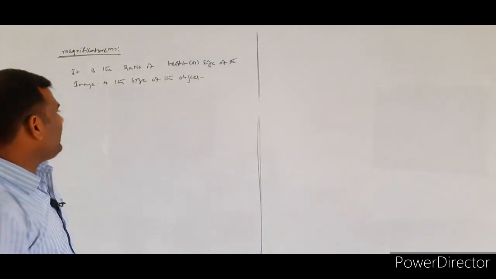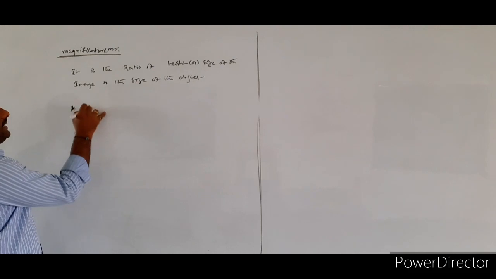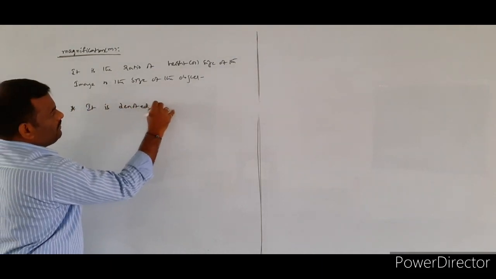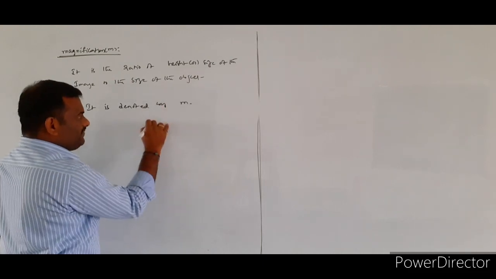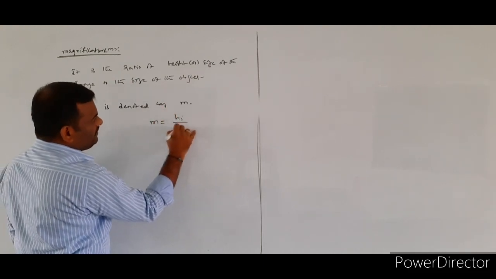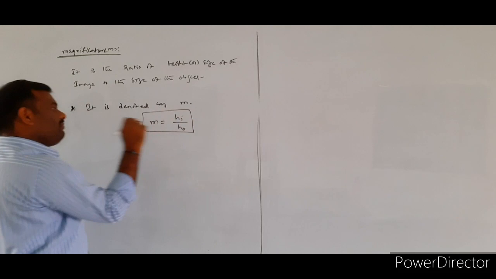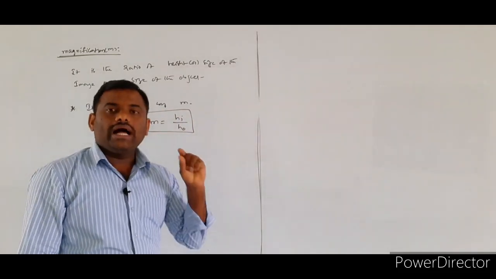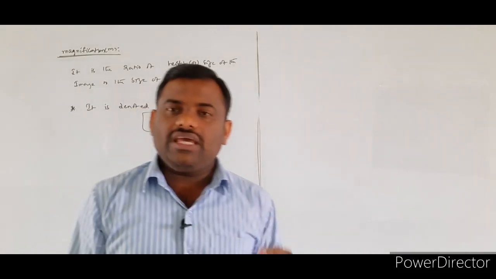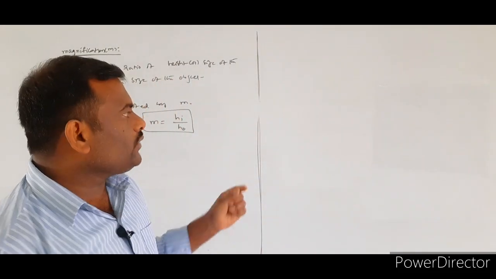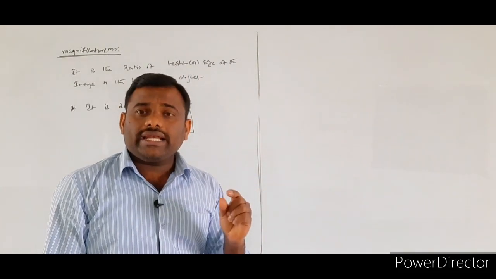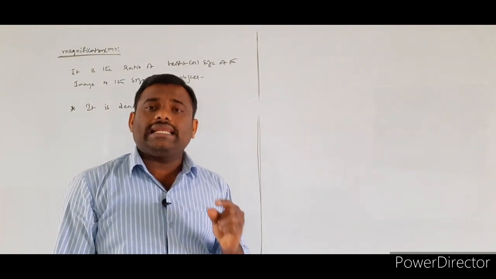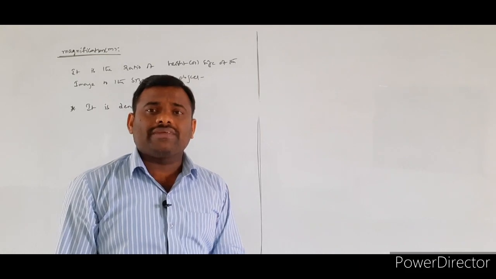It is denoted by the symbol small m. Therefore, the formula for the magnification is m equal to height of the image by height of the object. Now, we are going to derive the formula for the lateral magnification for the spherical refracting surface.